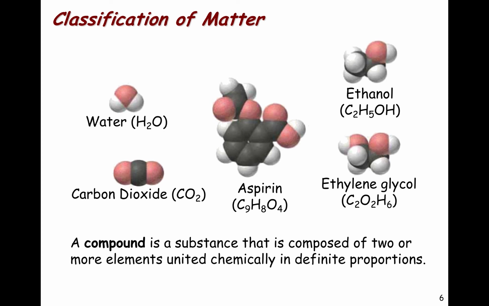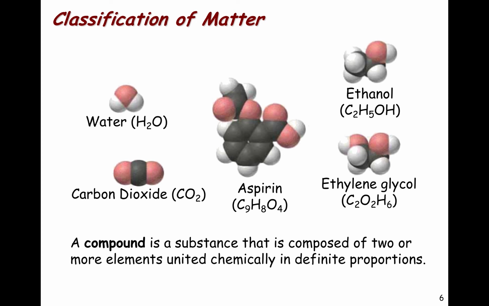We can compare these two molecules to molecules that have more than three atoms, something like ethanol. Ethanol is a liquid at room temperature, but its boiling point is significantly different than that of water, even though it shares some of the properties of water.